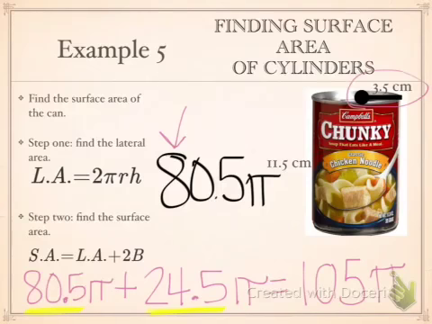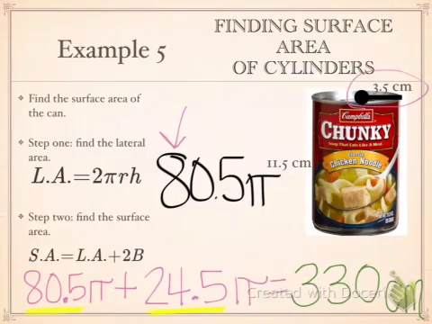However, I would probably want you to put it into terms of a number rather than just a pi expression. So I would have you do 105 times 3.14 or times the pi key. So once we multiply that out, we find out that our actual surface area can be estimated to approximately 330, and then we want to make sure we do our units, square centimeters.